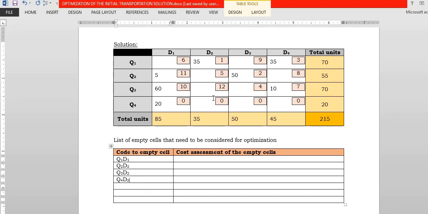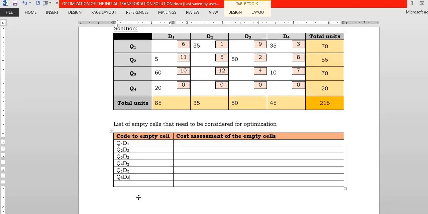Correct. Next we have Q1D3, in the next column there. It's also empty. You can see it is empty here. So we shall say Q1D3. Next we have another one, Q3D3. It's another empty cell here.